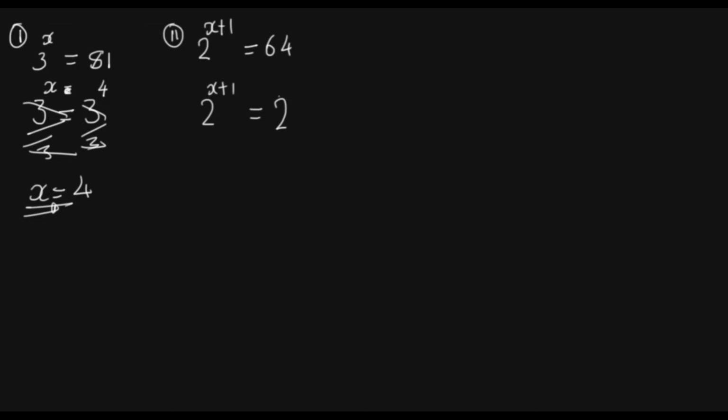So what number can we raise 2 to so that if we expand that it gives us 64? So let's say 2 times 2 is 4, times 2 is 8, times 2 is 16, times 2 is 32, times 2 is 64. So we can see that we need 1, 2, 3, 4, 5, 6. So we need six 2's. So we can now say 2 raised to the power 6.